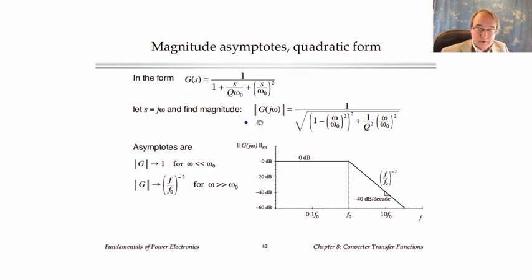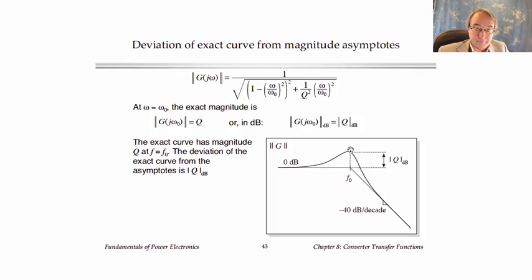What remains is to investigate what happens in the vicinity of the corner frequency and see the deviation from the curve. So as in the real pole case, what we can do is evaluate the exact transfer function or the exact formula at the corner frequency omega equals omega naught. So at omega equals omega naught, if we just put omega naughts in for the omegas, omega naught over omega naught is 1.